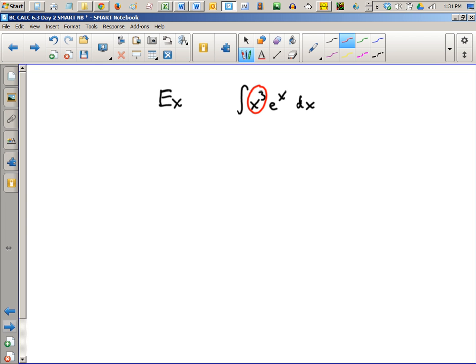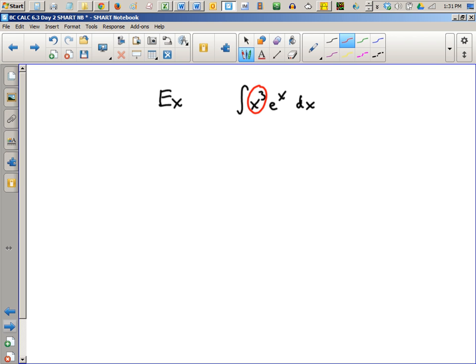X cubed goes to 3x squared, and then from there to 6x, and then from there to 6, and then ultimately 0. So anytime you have a product of a polynomial term like this, monomial term, times something else, tabular is not a bad choice, because this is going to vanish after a few derivatives, and this allows us to make a table. By the way, tabular means from a table.